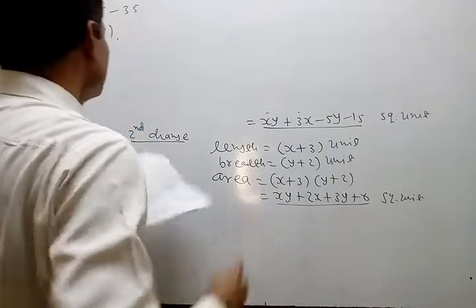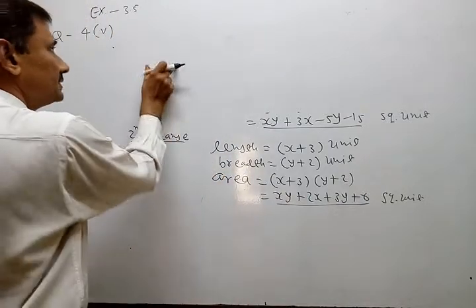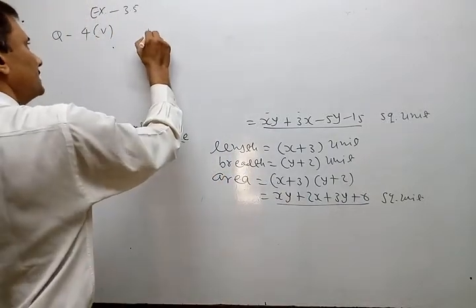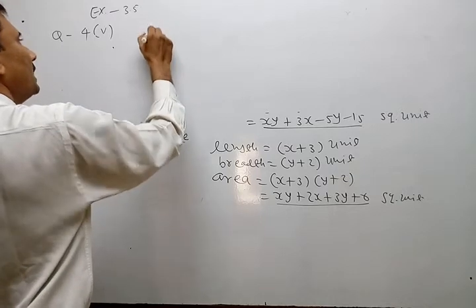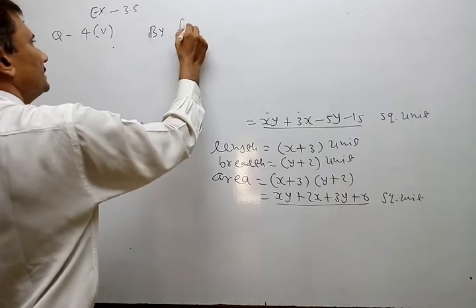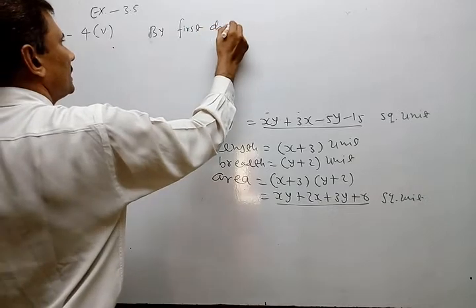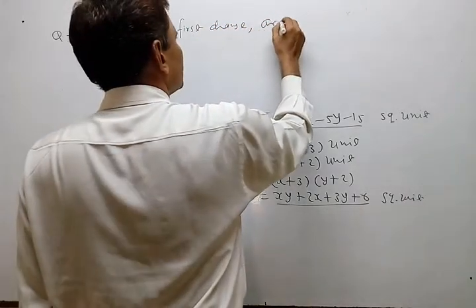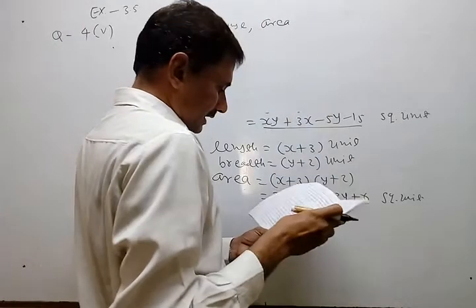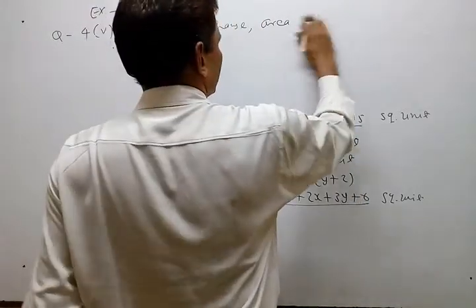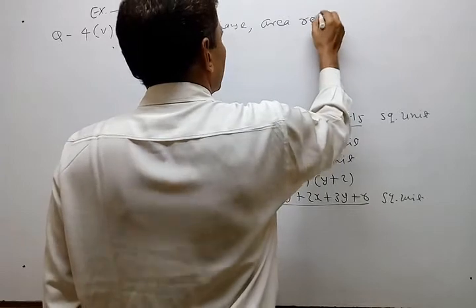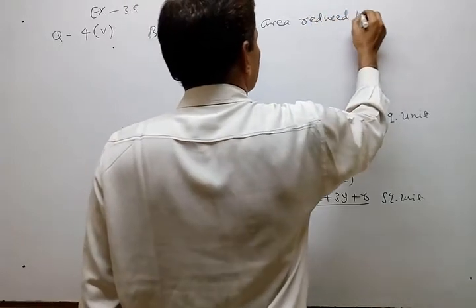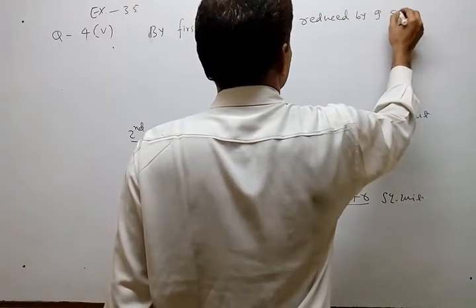Just write according to our heading. By the first change, which we already discussed, so I won't clarify again. Area reduced by 9 square unit.